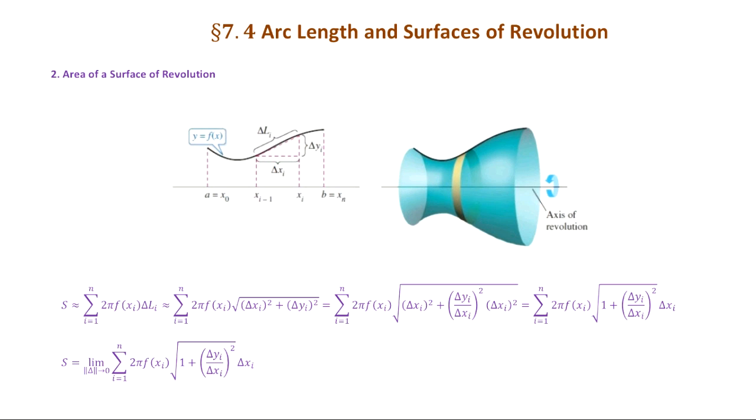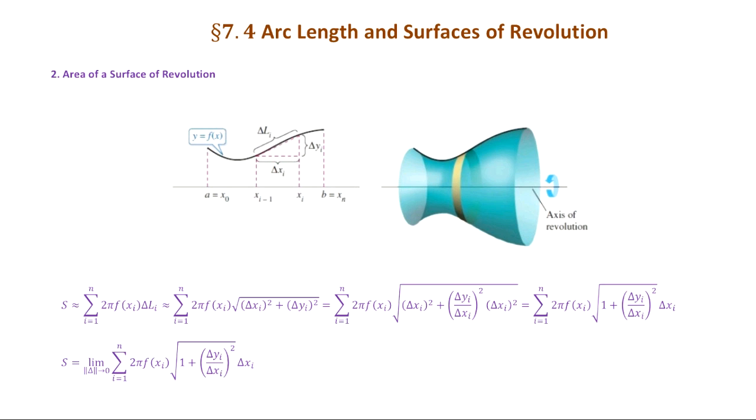If you rotate that line segment, you get a band as shown on the right, the yellow band, and that surface area is easy to calculate. And that turns out to be 2 pi times f of xi times li for the formula of the surface area of the band. All right, and then you just do the same process as we did. Add them up and take the limit.